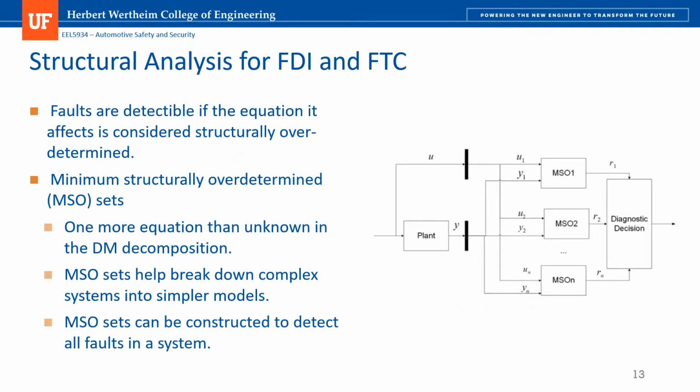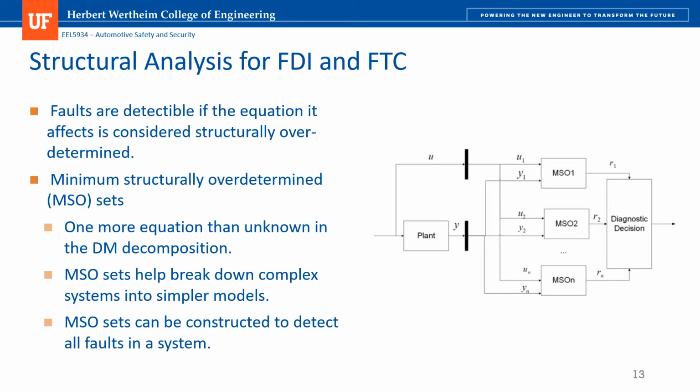One of the problems with the structural analysis approach is that to detect faults, the problem has to be structurally overdetermined. Because of this, when modeling a large system, you're probably not going to run into the scenario where you have more equations than unknowns. So to help with this, there are sets referred to as minimum structurally overdetermined sets.